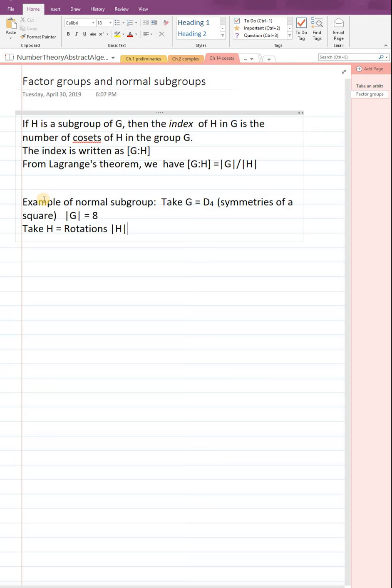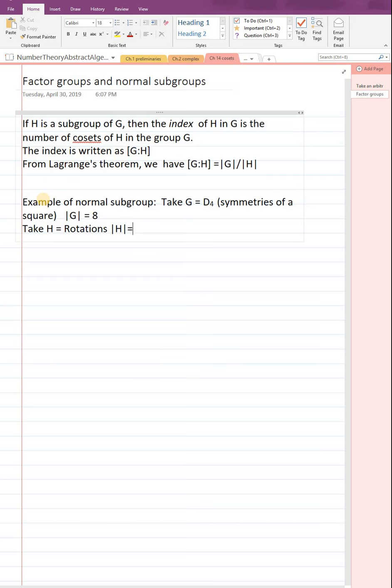And how many rotations are there? In rotations of a square, yes.